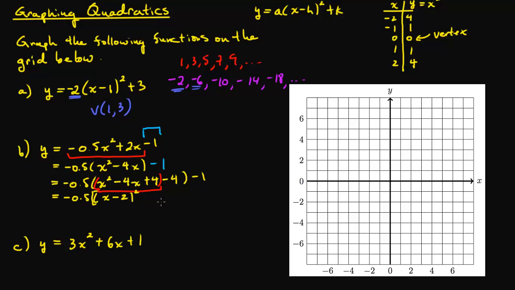So we have x minus 2 squared, and then minus 4 at the end. I'm using square brackets just to group the x minus 2 squared together, which came from these three terms. And then at the end we still have minus 1.